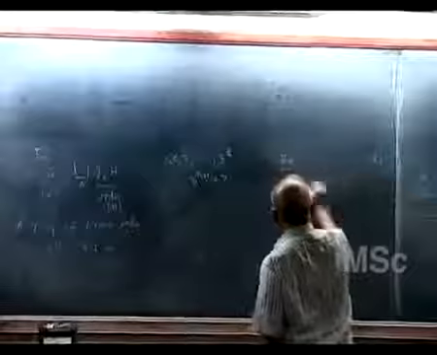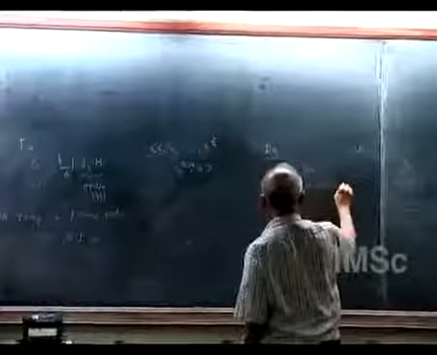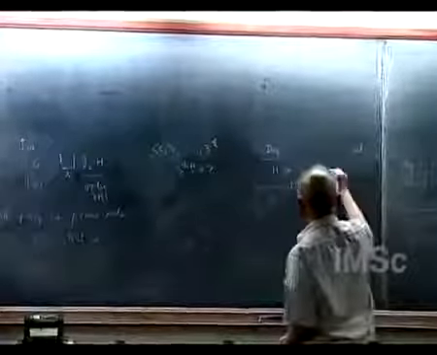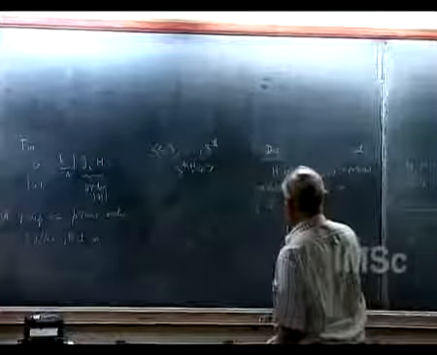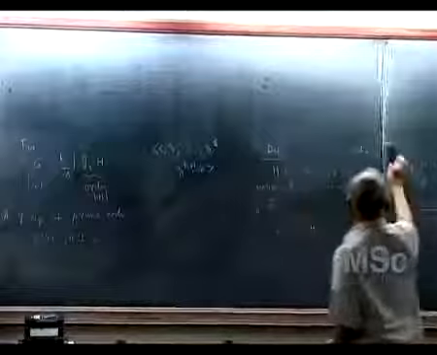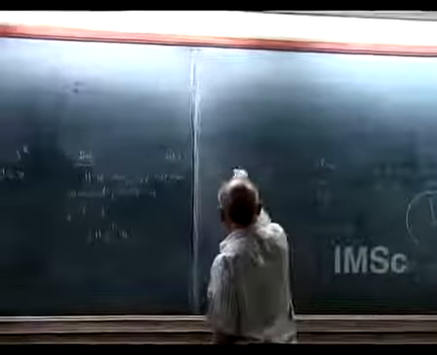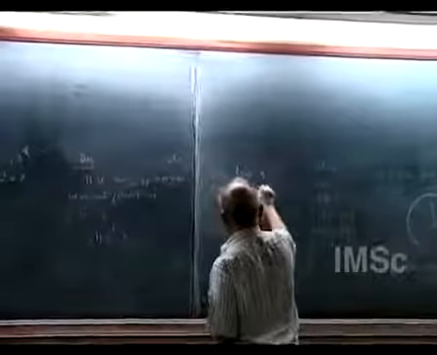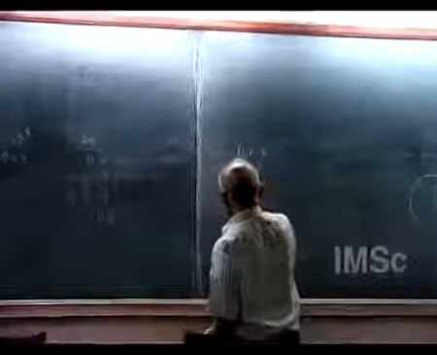H is an invariant subgroup of G, or normal, if gHg inverse is H. That is, in this case, left and right cosets are the same: gH is Hg.